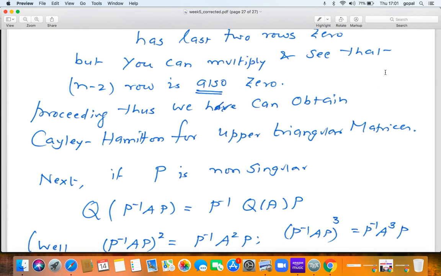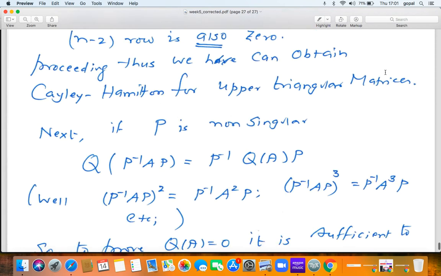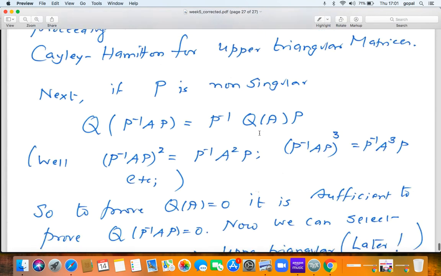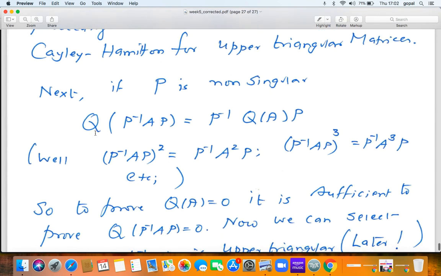Now, suppose P is a non-singular matrix, and I calculate P inverse AP.